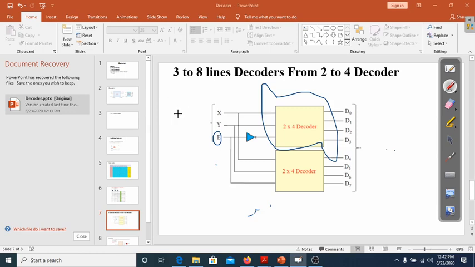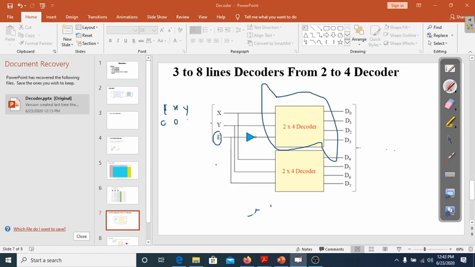Okay, let me make a truth table. E is the selection line, then X and this is Y. Suppose initially E is equal to 0, so it will select this first decoder.